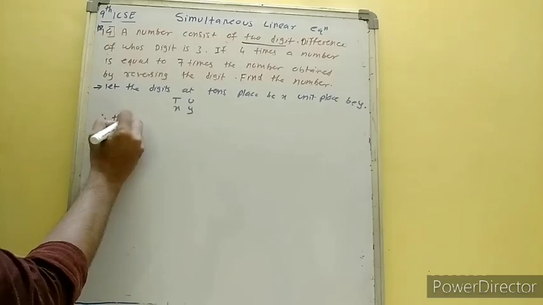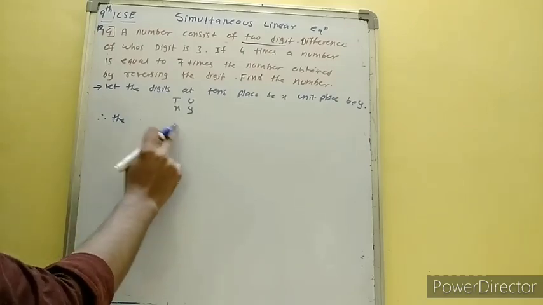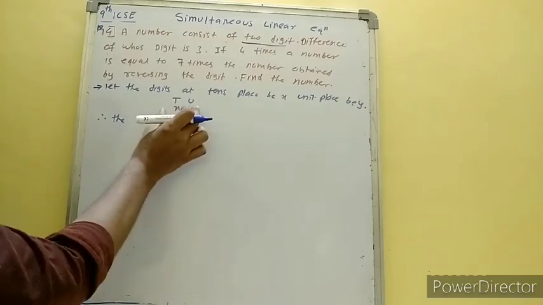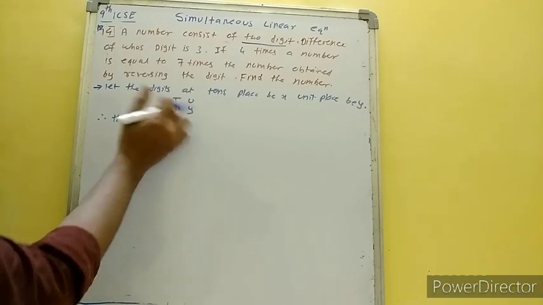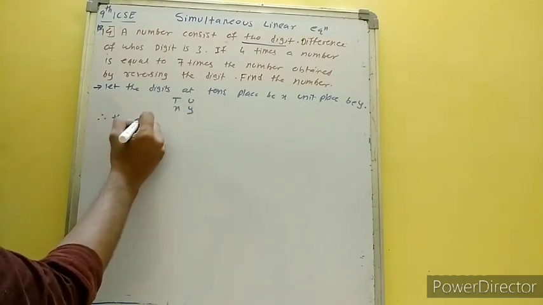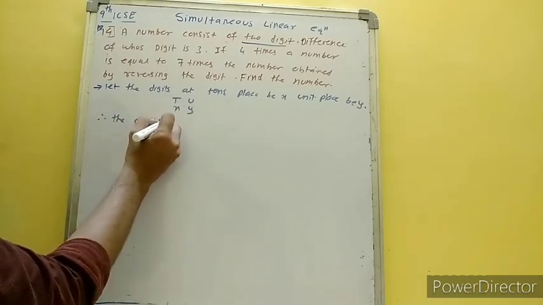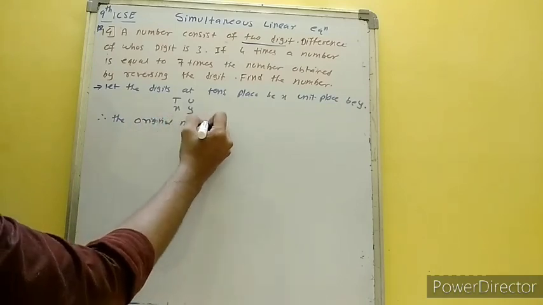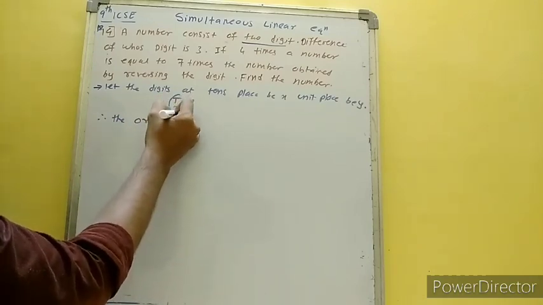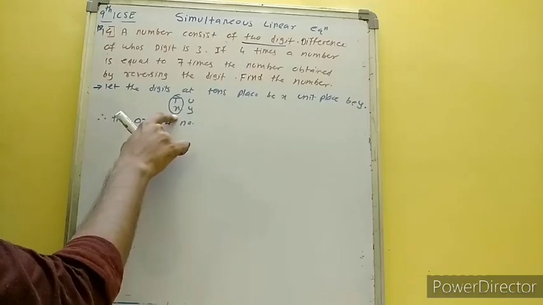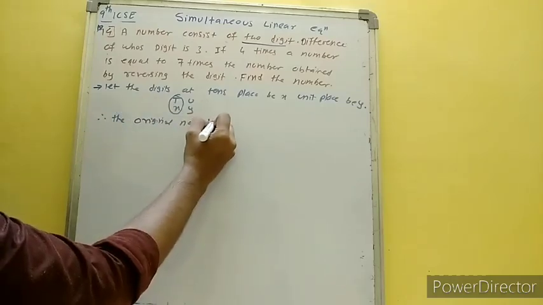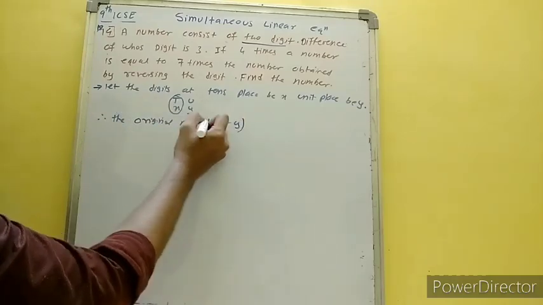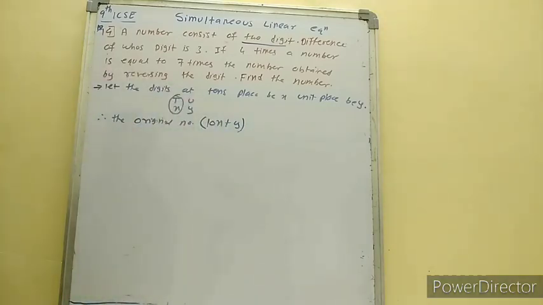The number formed we will call the original number, a number which is from our assumption. Therefore the original number will be, the variable at tens place is x, so it is 10x plus y.